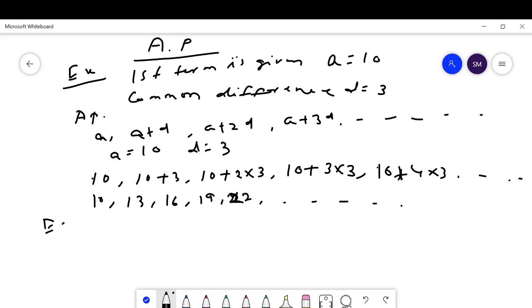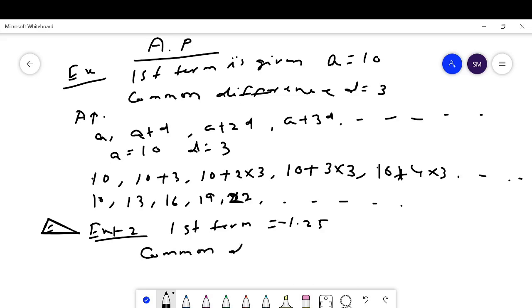Then take another example. Here the first term A is equal to minus 1.25 and the common difference D is equal to minus 0.25.